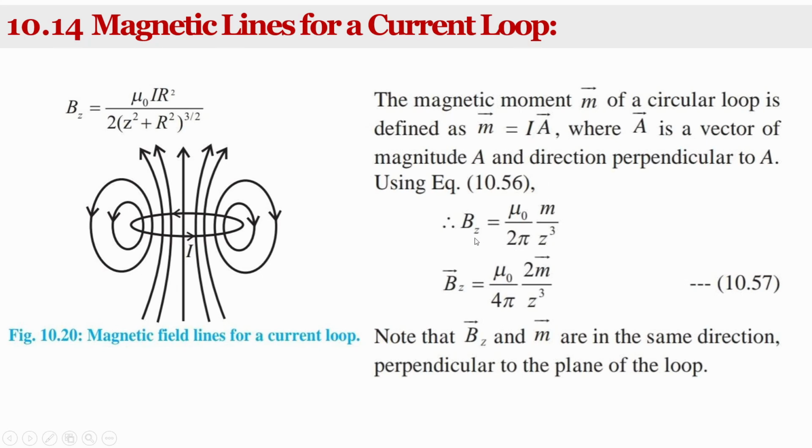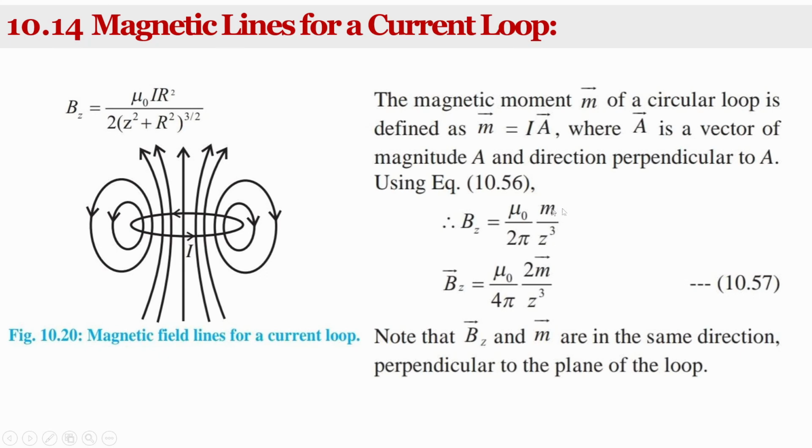So what is Bz? We know that Bz equal to mu naught upon 2 pi, m upon z cube. We say that Bz and m are in the same direction and they are perpendicular to the plane of the loop. Now in vector form, vector Bz equal to mu naught upon 4 pi.